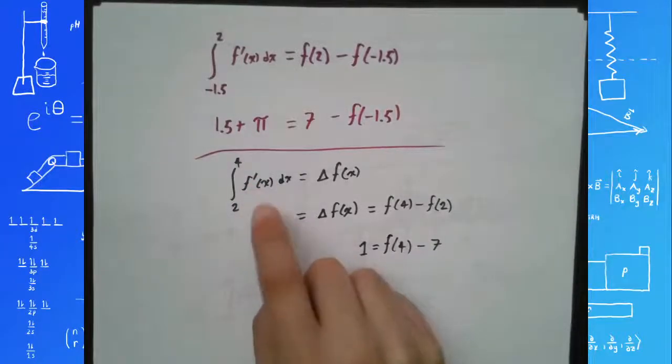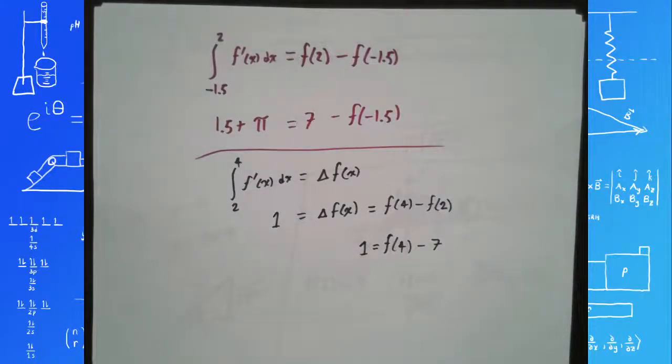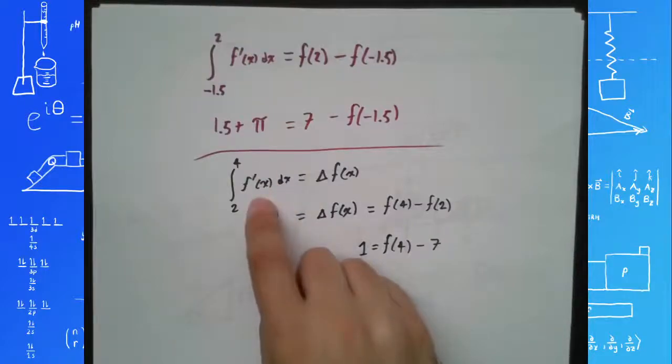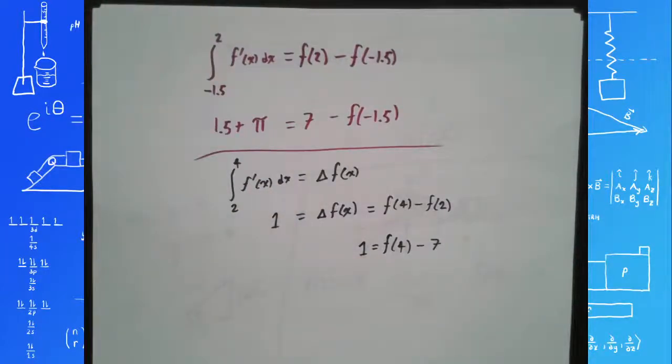integral of a derivative does not actually give you back the function that it's a derivative of. It gives you the change in that function, which then needs to be added to or subtracted from something in order to provide the original function that this integrand was a derivative of.